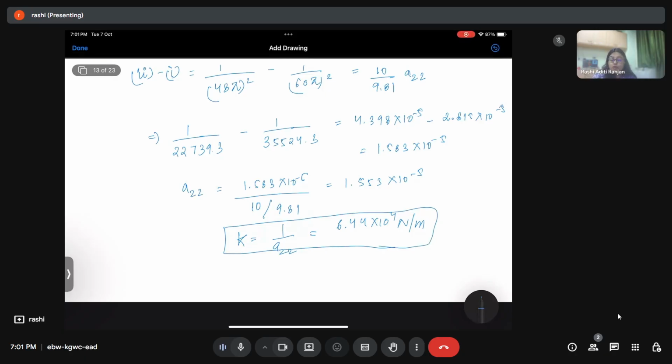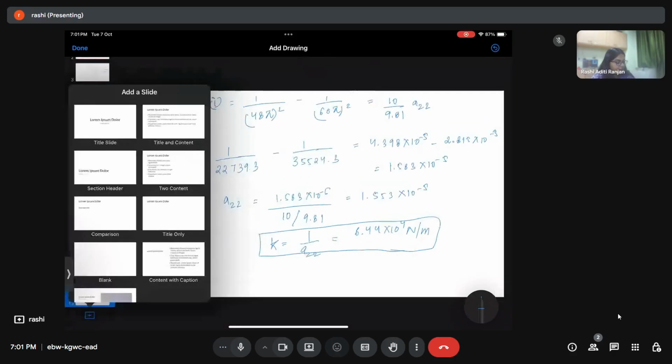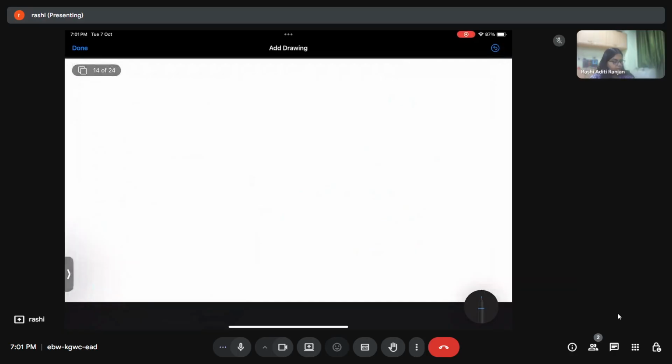Now the main thing was to find out f11, which we can now get, as we know the value of A22, by substituting in either of the two equations. Then we get 1 by 60 pi square is equal to 1 by 2 pi f11 square plus 10 by 9.81 into 1.553 into 10 to the power minus 5.